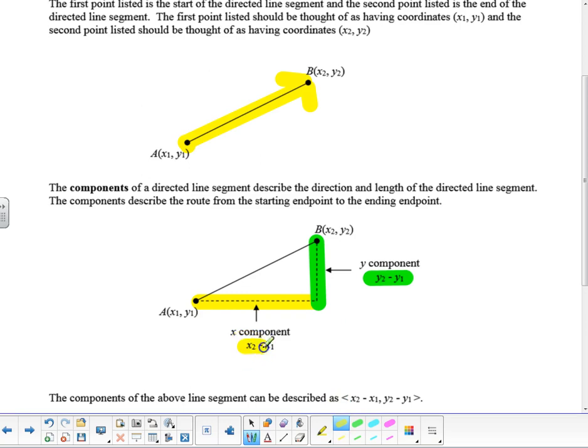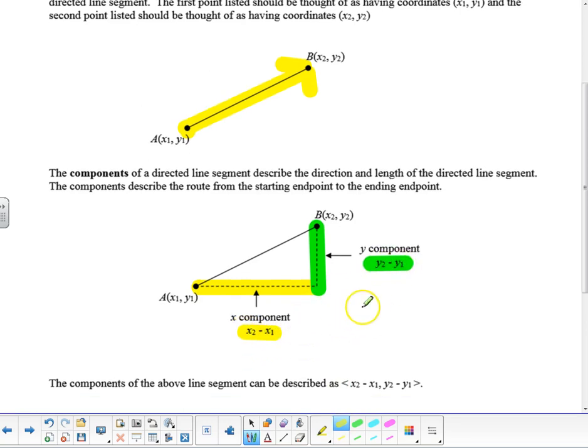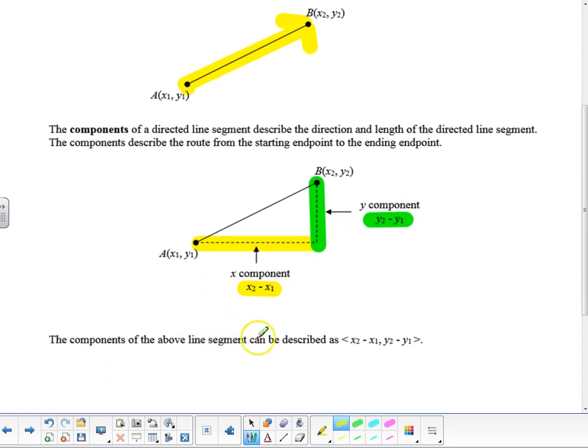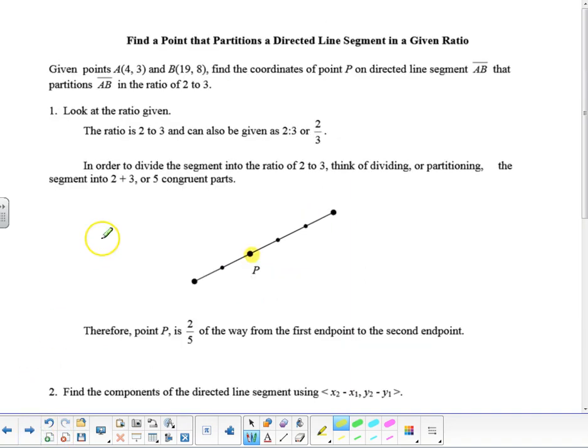So x sub 2 minus x sub 1, y sub 2 minus y sub 1, that should look familiar from the distance formula. The components of the above can be described. Notice this little notation, we use these arrows around x sub 2 minus x sub 1, comma, y sub 2 minus y sub 1. So that's how the x value is changing and how the y value is changing.